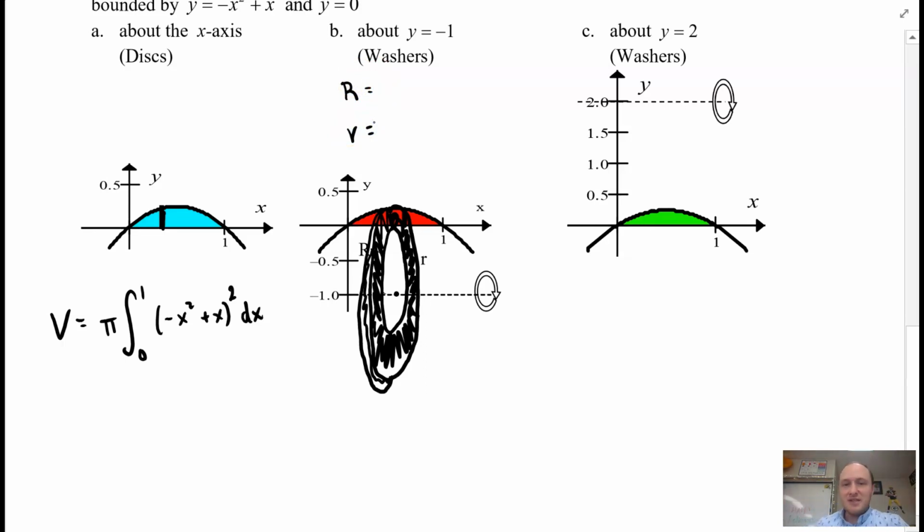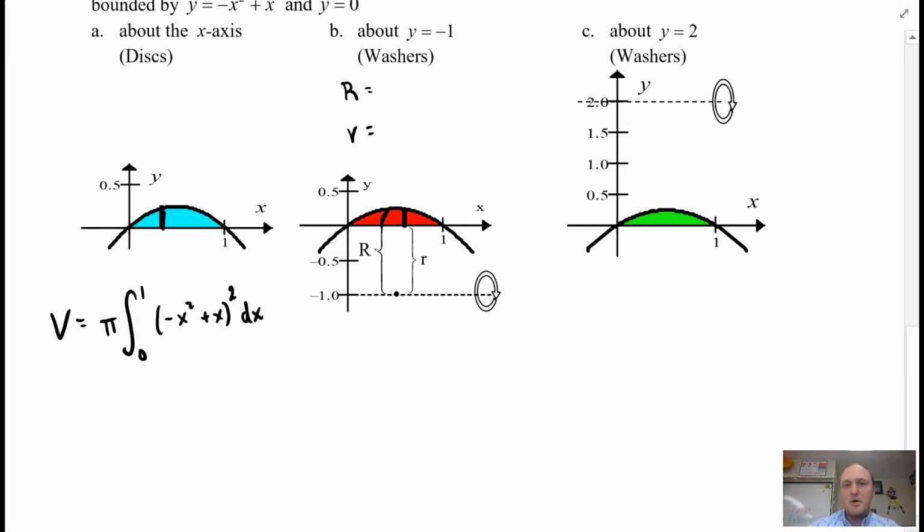So in this case, for R, I'm going to have to erase my beautiful drawing. Big R is the distance from my function, this got cut off, this should go to here. So from my function all the way down.